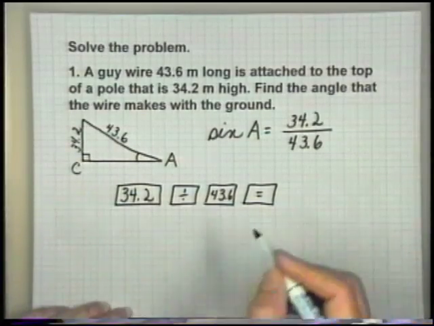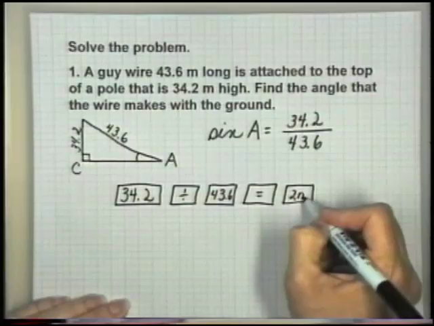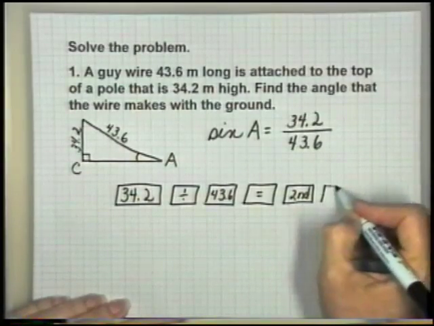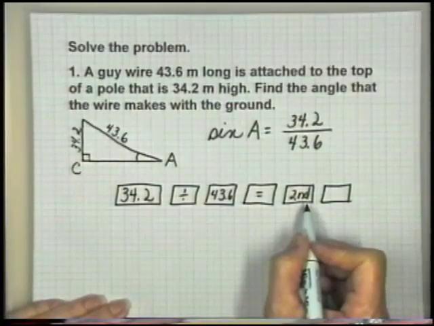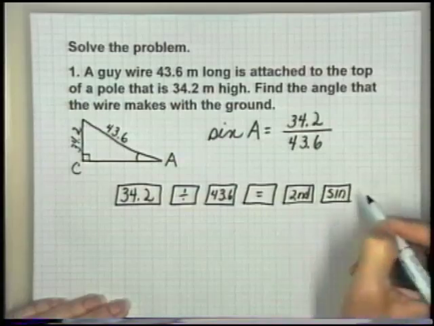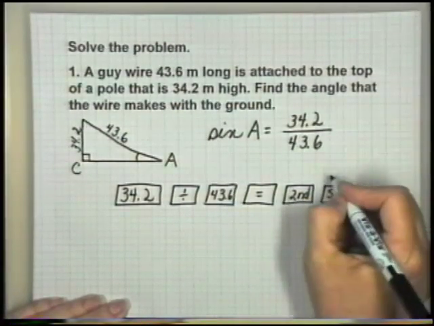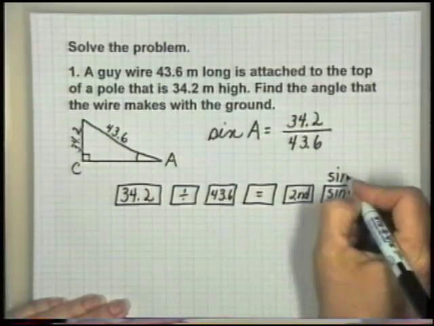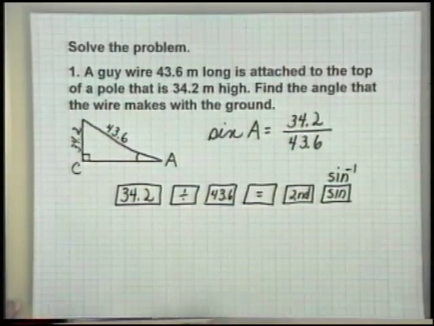And anytime I'm looking for the angle when I have the value of the trig function, I'm going to use that second function button, and on most calculators it's a second function. Sometimes it's called something else, and in this case it's my sine, which of course when I use that second function button before the sine, that represents the inverse sine function, which is written on your calculator above the button. So let's see what we get when we do that.